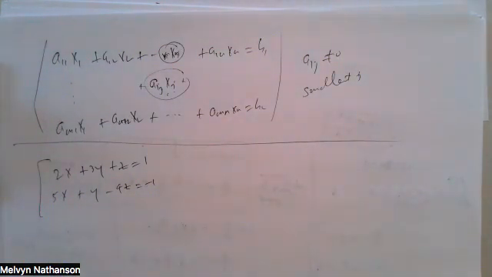So that's our system. We can think of x, y, z as x1, x2, x3, ordered like that.